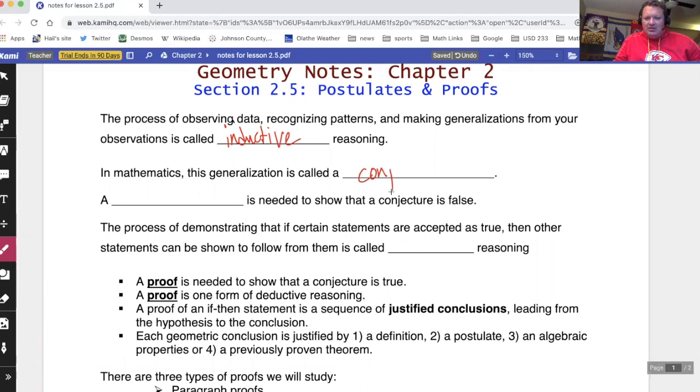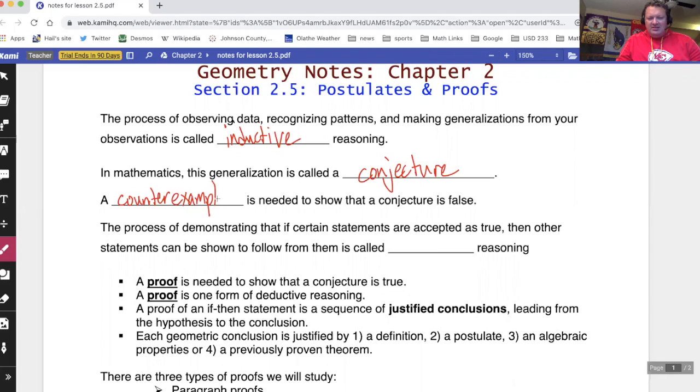So a conjecture would be something like, hey, I noticed the pattern of the numbers is they're multiplying by 3 every time. So my conjecture would be that that pattern will continue. All we need to prove a conjecture false is a single counterexample.